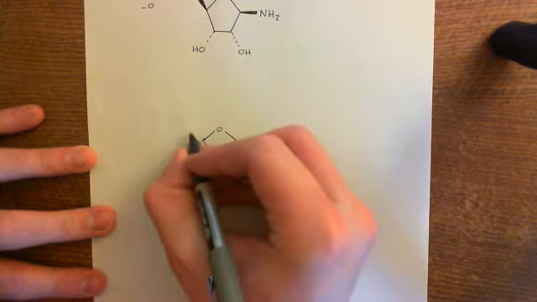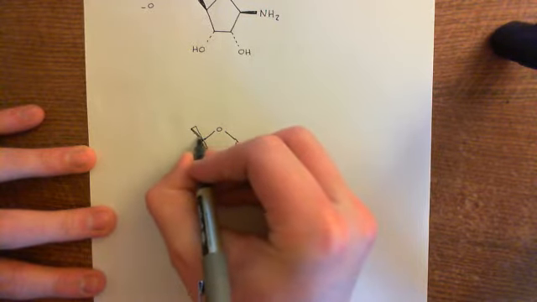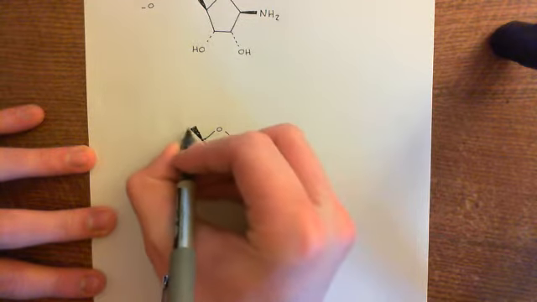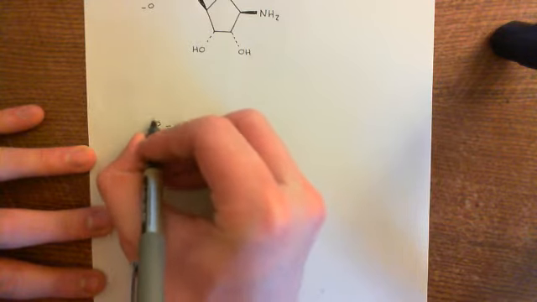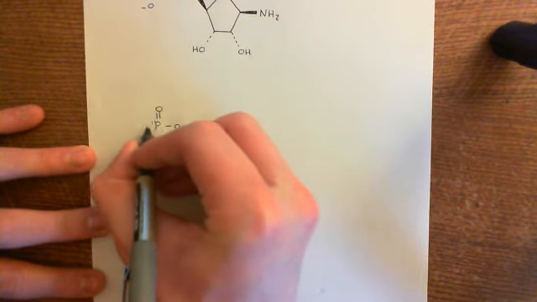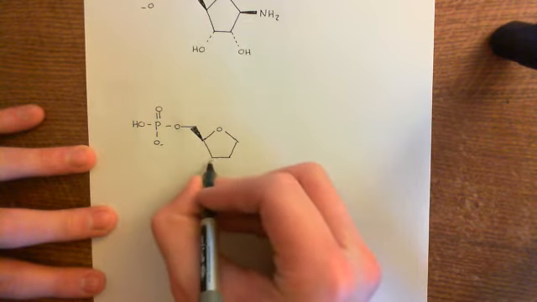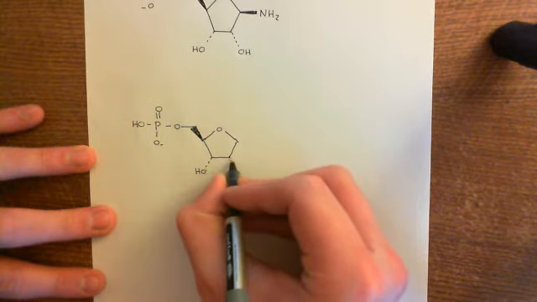Alright, okay, so remember, this bit has not changed in the slightest up here, so the 5th carbon still comes out of the page towards us. Okay, it then has an alcohol group off it which has been linked to a phosphate group via a phosphoester link. Okay, then of the 2nd and 3rd carbons, the alcohol groups are forced to go backwards.